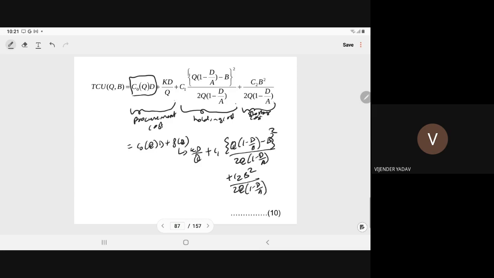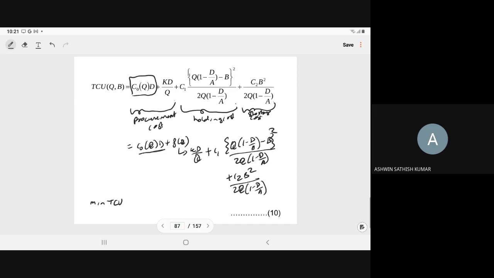So what we want? We want minimum TCU. What is the nature of C naught Q into D for the particular Q? If I say Q is 150, you said it will be constant.